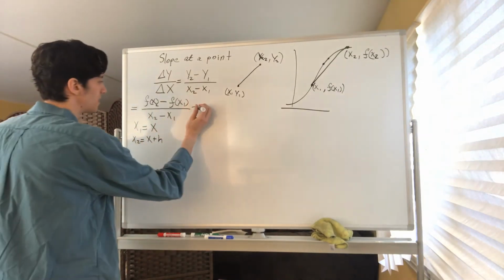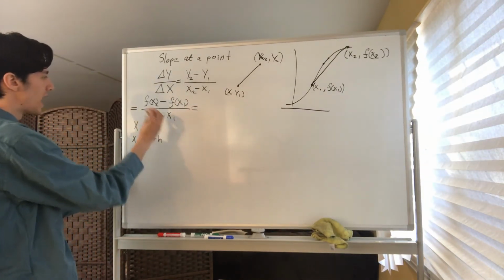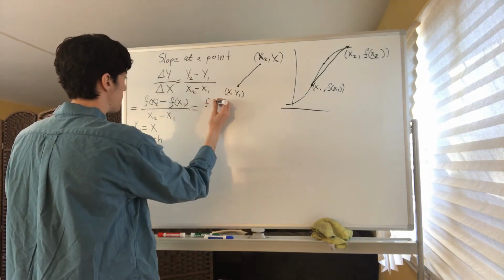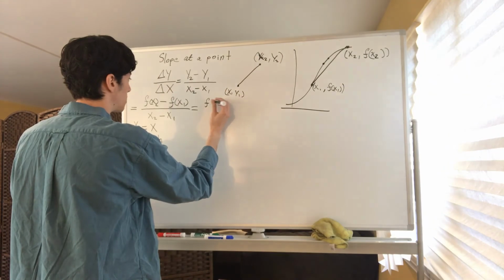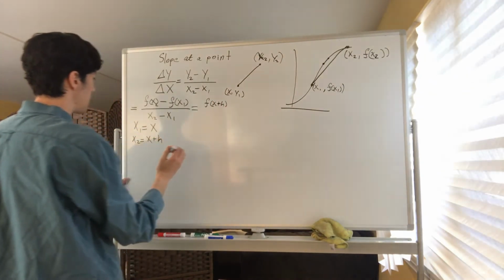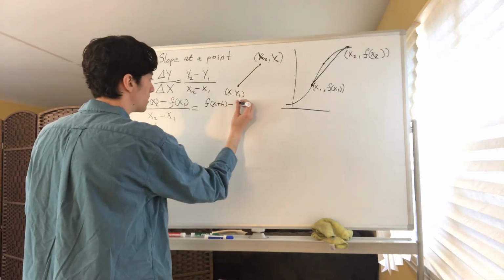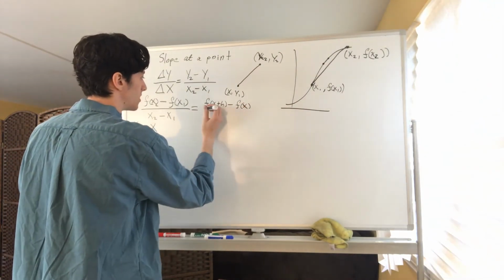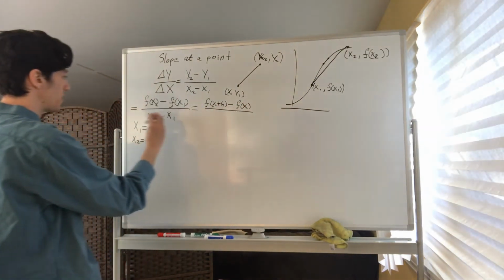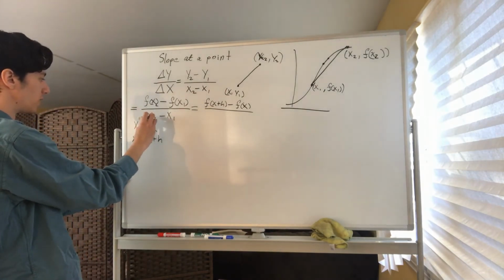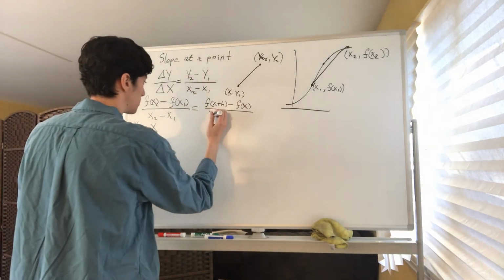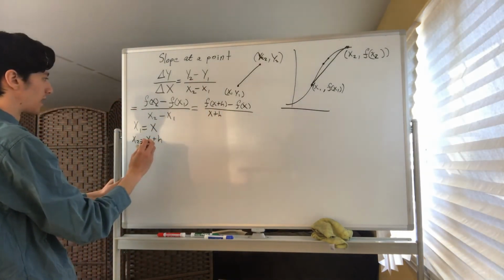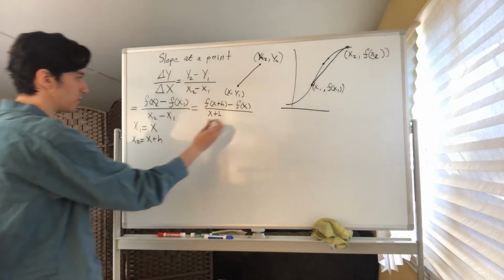So let's make that substitution. We have our f of x2, which now is f of x plus h, and we're subtracting our f of x1, which is just f of x. Now we have x2 in the denominator, which is x plus h, and x1 is what we're subtracting, which is equal to x.